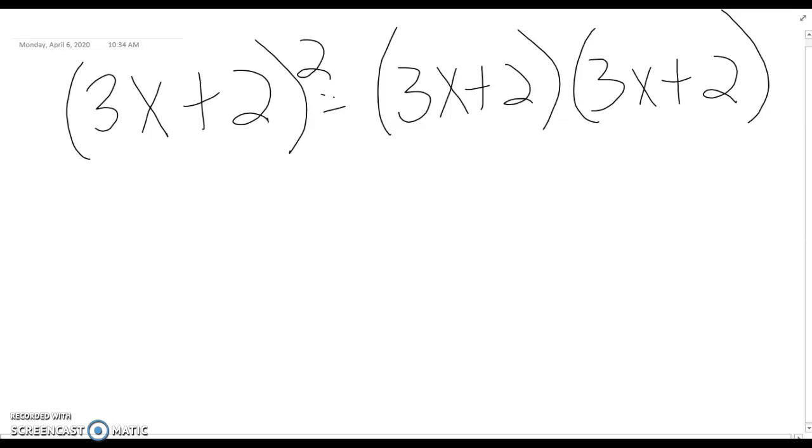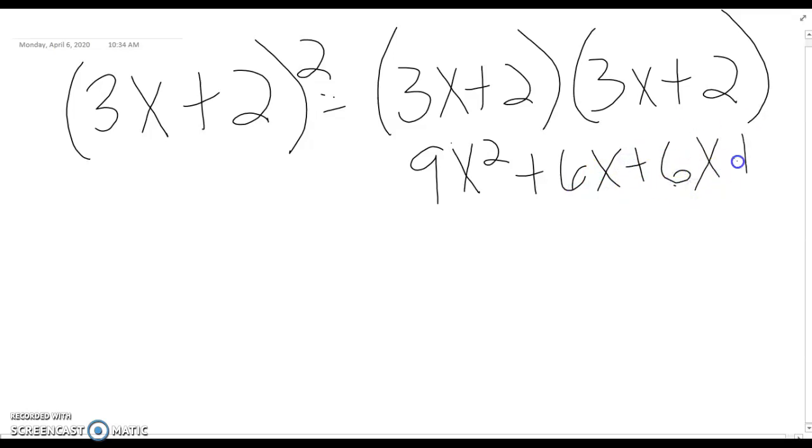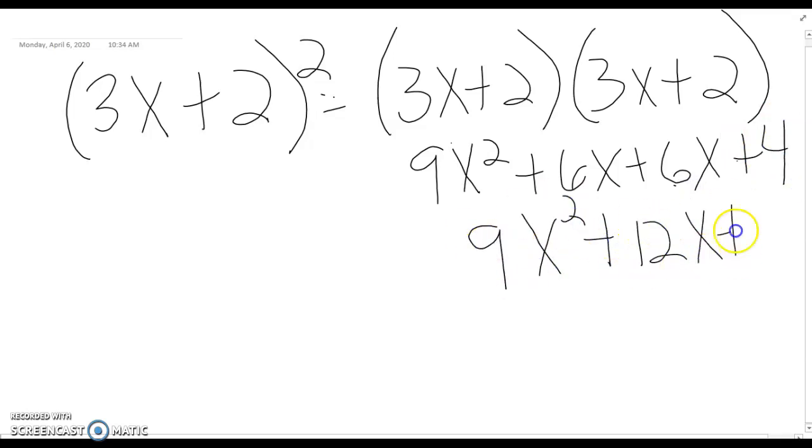The first is 3x times 3x, which is 9x squared. The last is 2 times 3x, which is 6x. The inside, again, is 2 times 3x, which is 6x, and then 2 times 2, which is 4. When I combine these, I get 9x squared plus 12x plus 4 as my final answer.